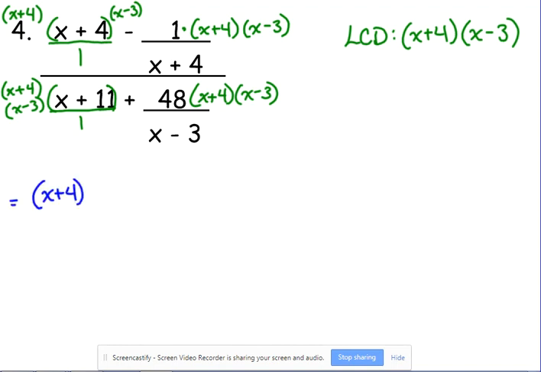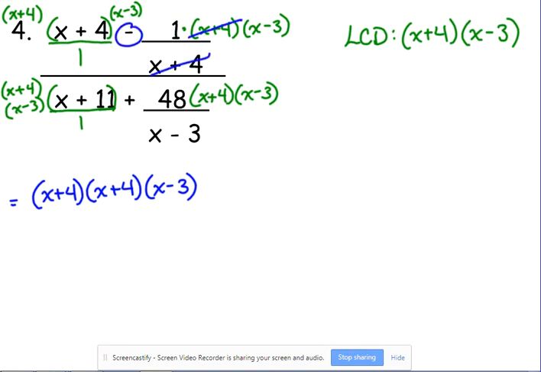So everything just comes down. X plus 4 times x plus 4 times x minus 3. Yes, I know we could write that as x plus 4 squared, but chances are we're going to have to multiply this out, so I'm just going to leave it the way it is right now.